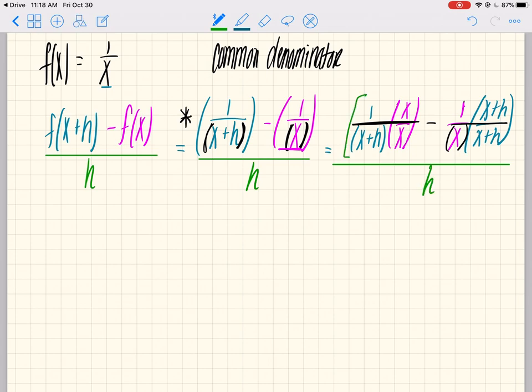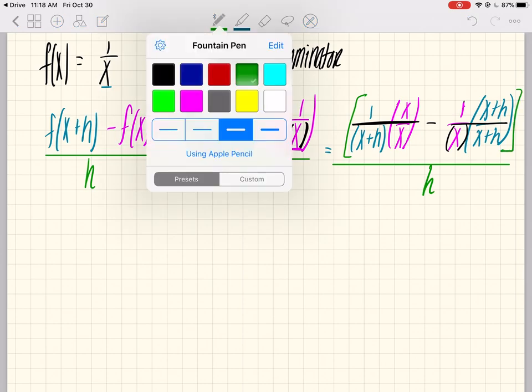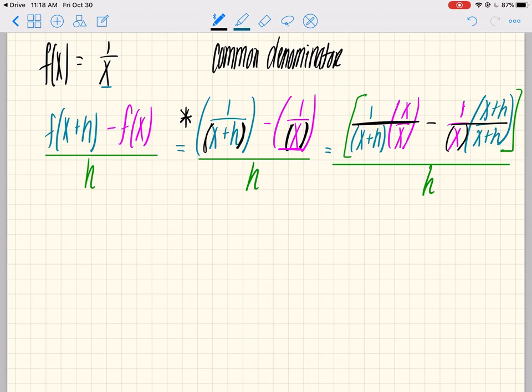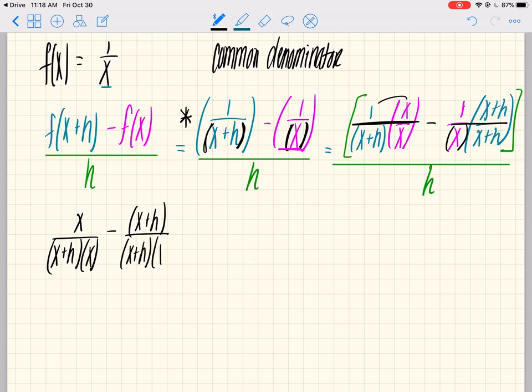Okay, so this in the numerator is its own entity. So let's rewrite that. If I multiply 1 times x, this is just x divided by x plus h times x. All of that minus 1 times x plus h is just x plus h, so minus x plus h, all divided by x plus h times x. Okay?